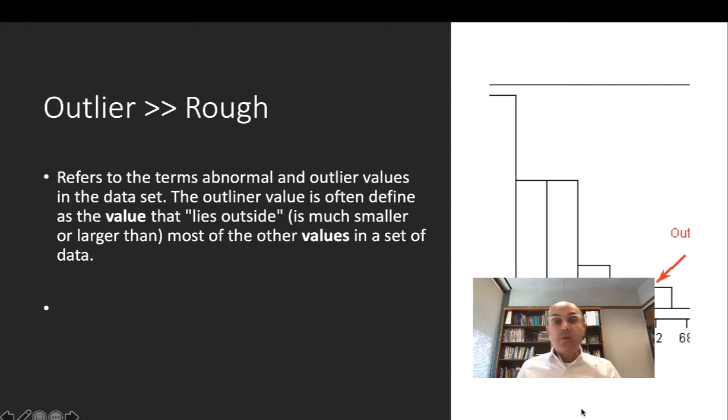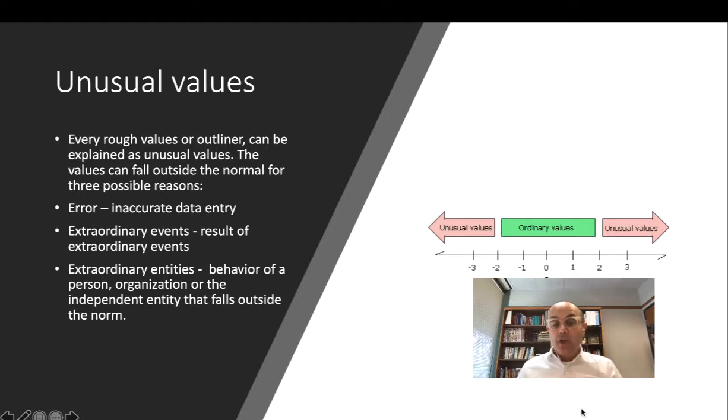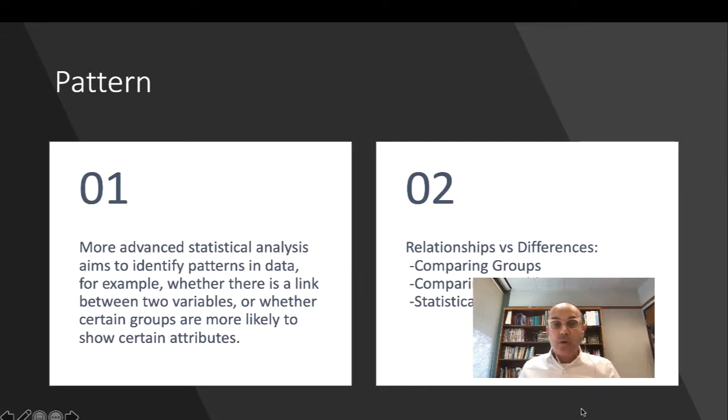The rough is when we have a lot of outliers that are outside the mainstream, and usually we are talking about unusual values that can be caused by inaccurate data entry, extreme values, or behavior of a person that does not fit what we have observed so far. Those are usually considered unusual values that we need to deal with.